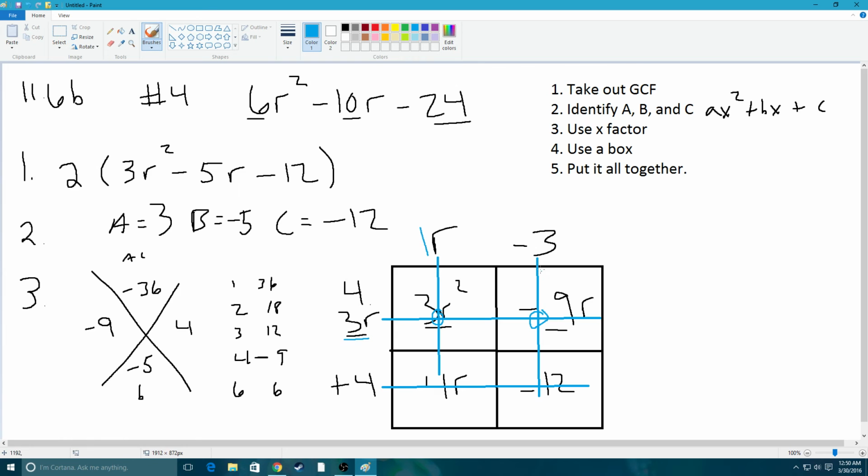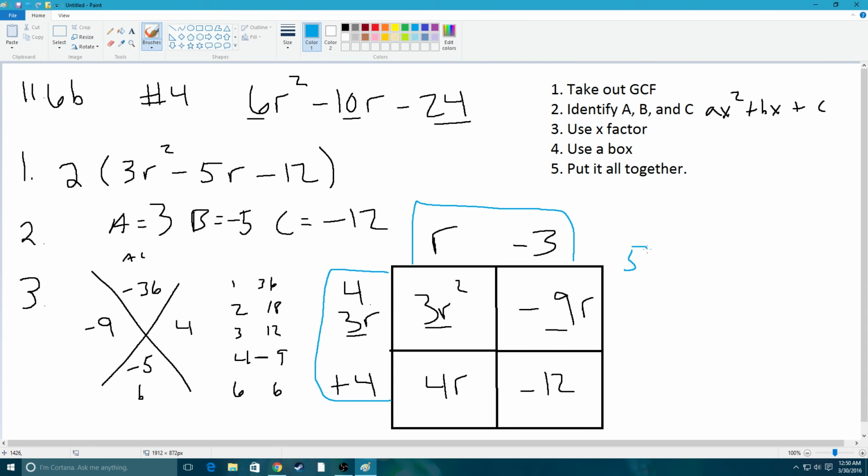This intersection is the top right times the top left. This intersection is the bottom left times the top right. And if this one kept going, this intersection would be bottom left times the top left. I don't know if that helped anyone. If that confused you, just completely ignore it. So these guys will be your final factor.